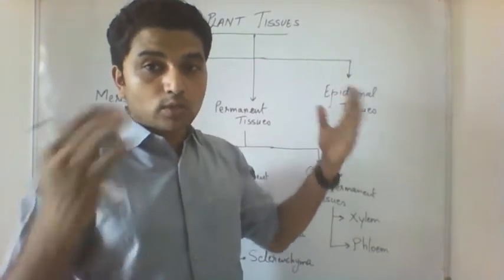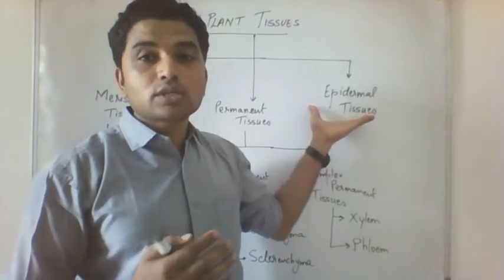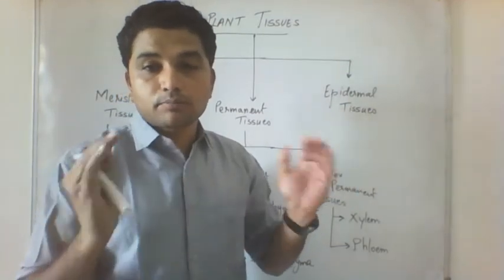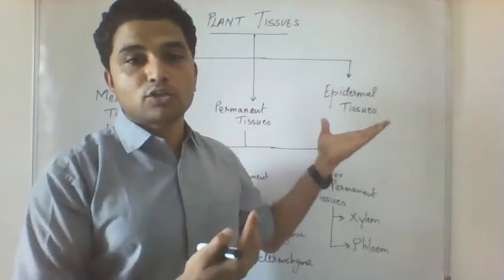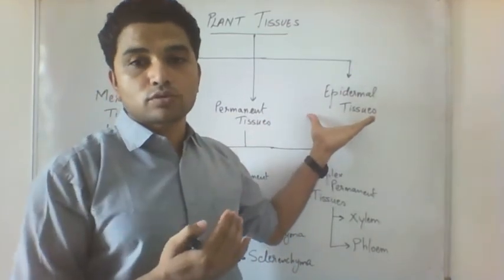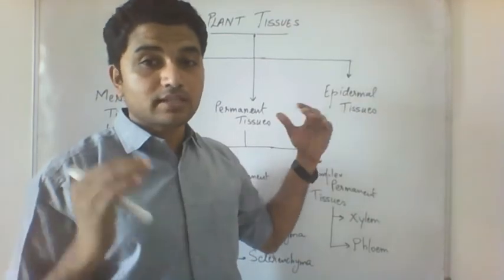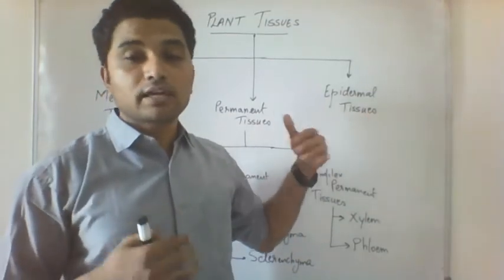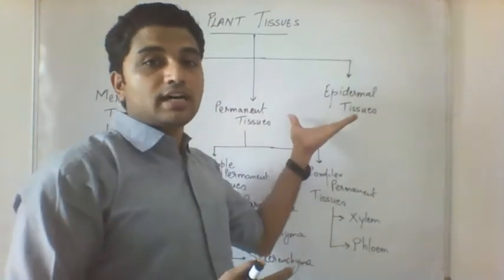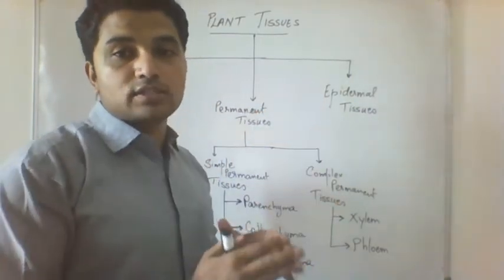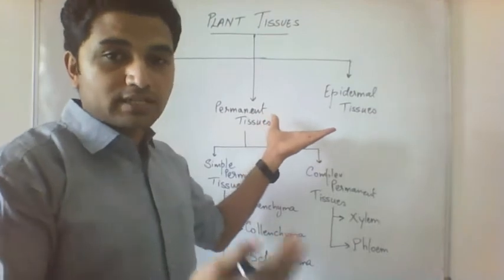Epi means outer. So these tissues are the outer layer of tissues that cover other tissues. They are the covering tissues. That's why they are called epidermis. They cover the leaf, the stem, and the roots. So they are a layer of tissues that cover the other tissues present inside.